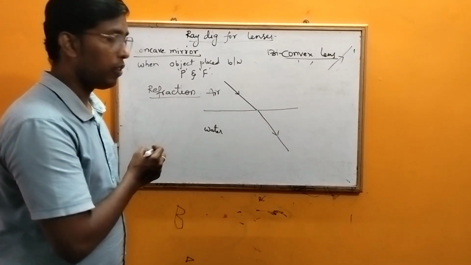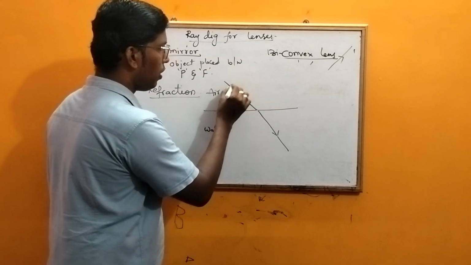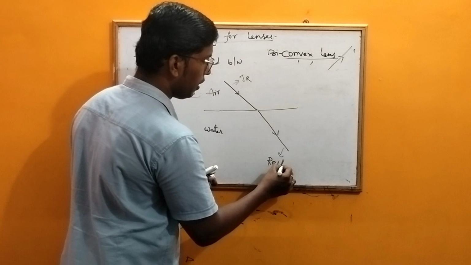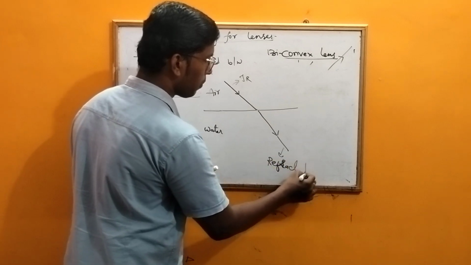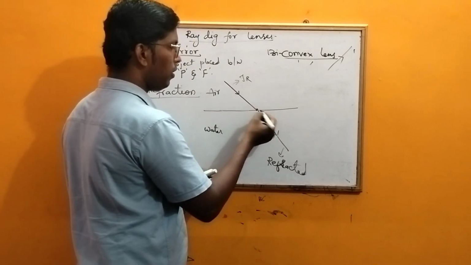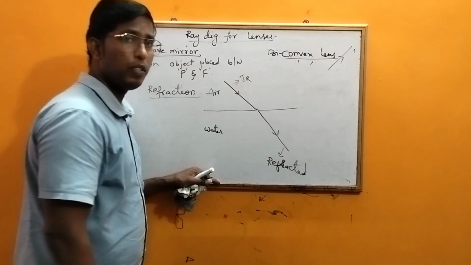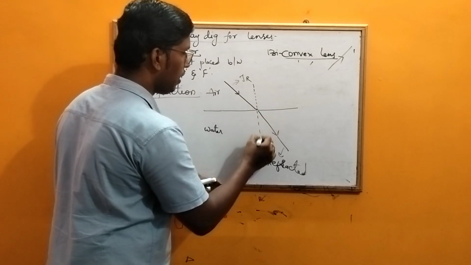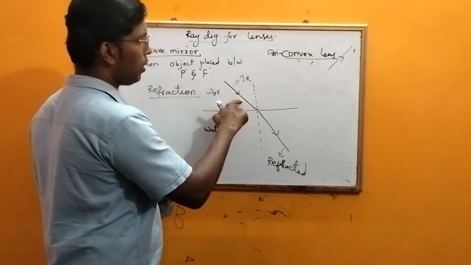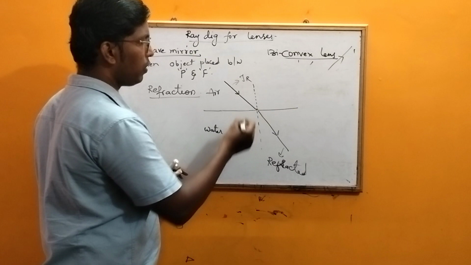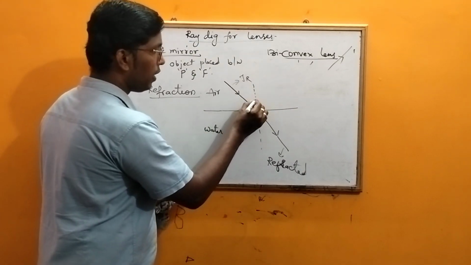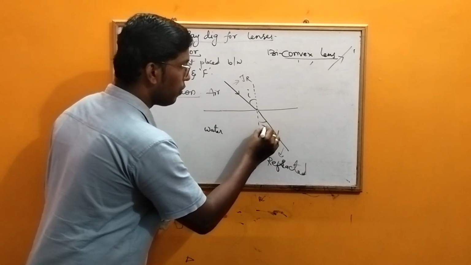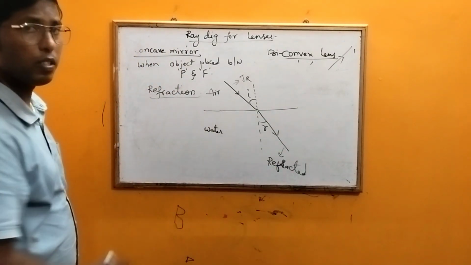This is the first case, and this is called incident ray, and this is refracted ray, not reflected, it is refracted ray. And this is called the point of incidence, similar to mirrors. If you draw a perpendicular straight line at the point of incidence, that is called the normal line, and the angle is angle I, angle of incidence, and here angle of refraction, letter R. This is the first case.